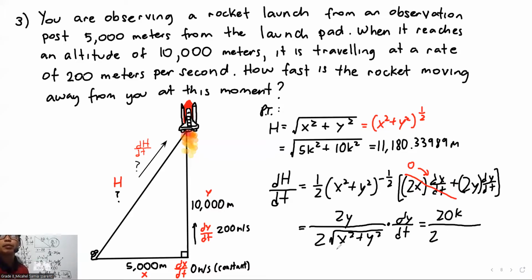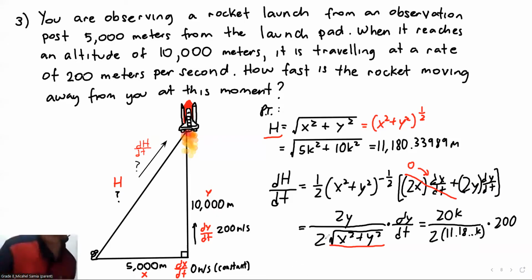This term is h. So we can already put 11.1 over 3. Josh, write your answer on the lowest right of the screen, and don't erase it later. Write your answer: 20,000.